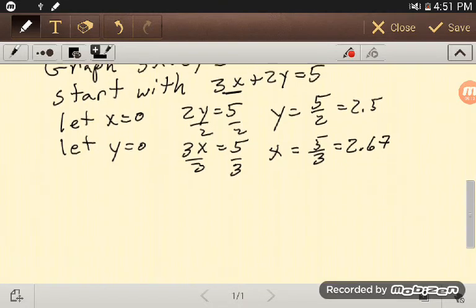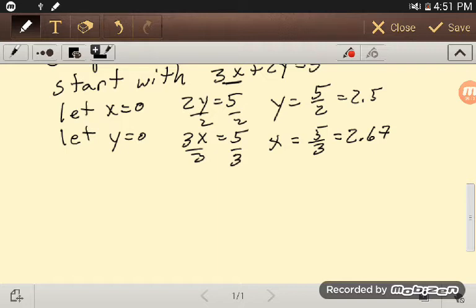Now I can use those 2 points, since I know I have a straight line. I go here to my xy Cartesian plane, and I have x equals 0, y equals 2.5, so here's x equals 0, I go up here to 2.5.